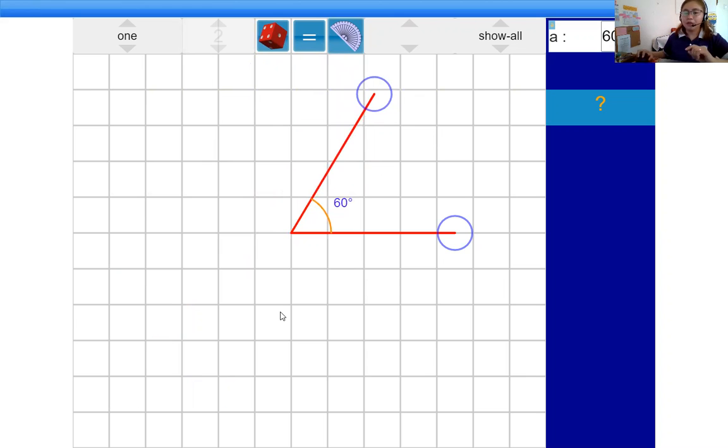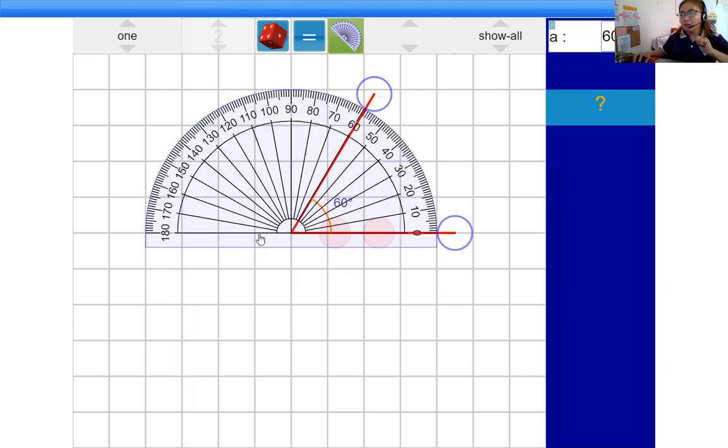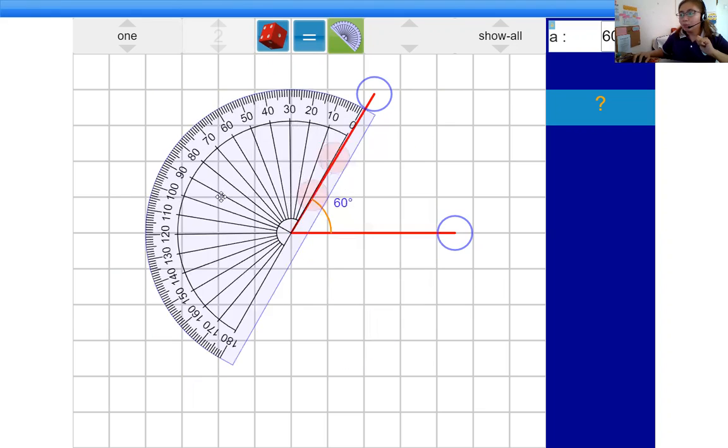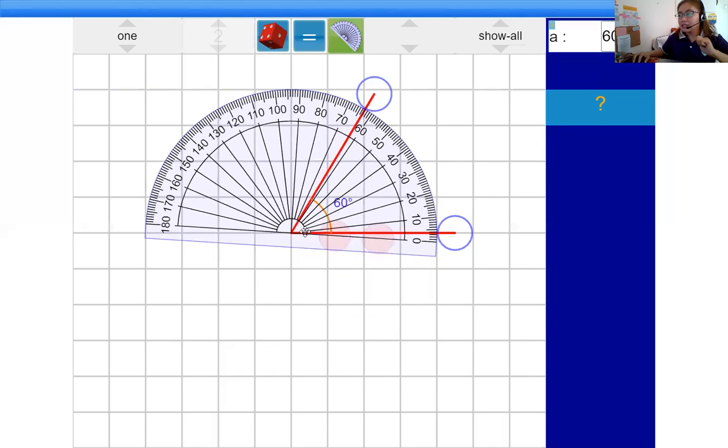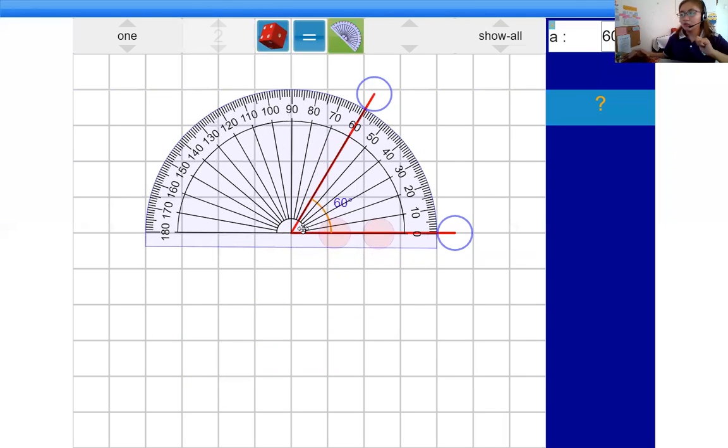If we want to verify that this angle is indeed 60 degrees, I'll click the protractor here, and make sure that when you drag your protractor, one of the rays of your angle lies at 0 degrees. As you see, one ray lies at 0 while the other one lies at 60 degrees.